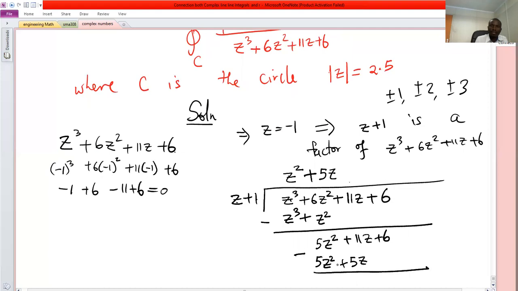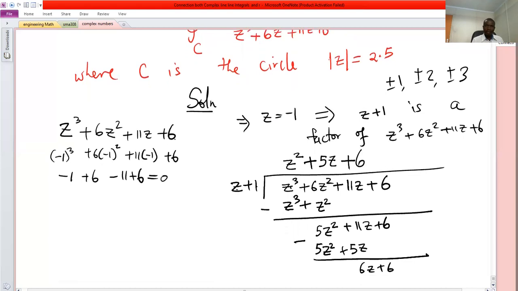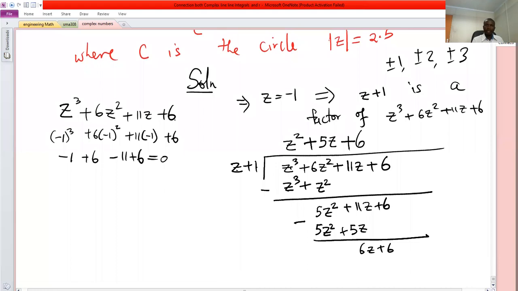5z² minus 5z² is 0. 11z minus 5z is 6z. And then plus 6, I bring down this 6. What I need to multiply by z to get 6z is 6. So I write here plus 6. So I'll have 6 times z is 6z, and then 6 times 1 is 6.